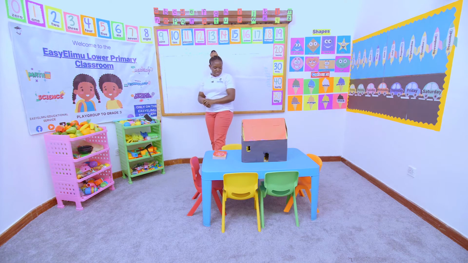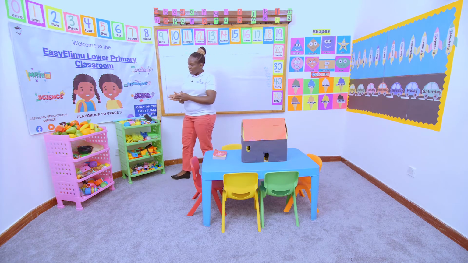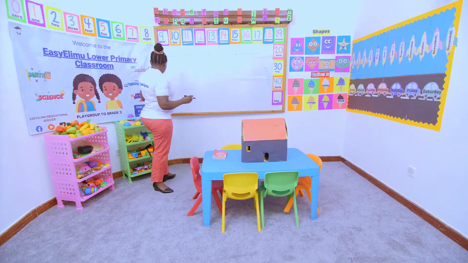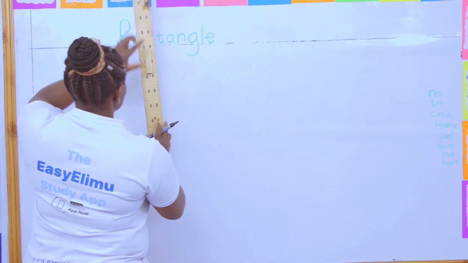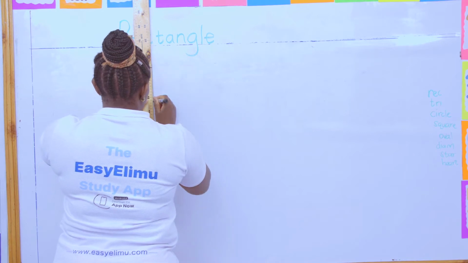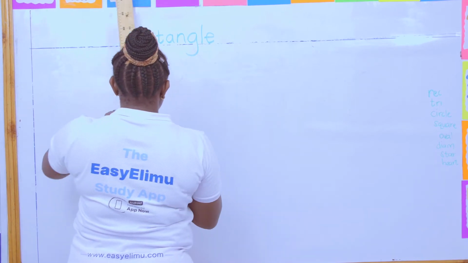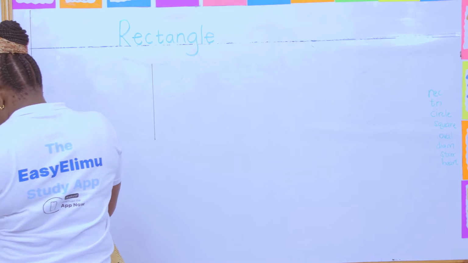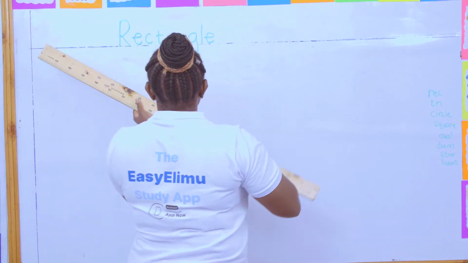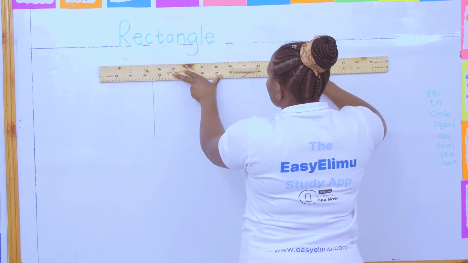So what can you say about a rectangle? A rectangle is a figure. It is a shape. Rectangle is a shape. We have said our board here has the rectangle shape. Let's draw it and see this rectangle shape.